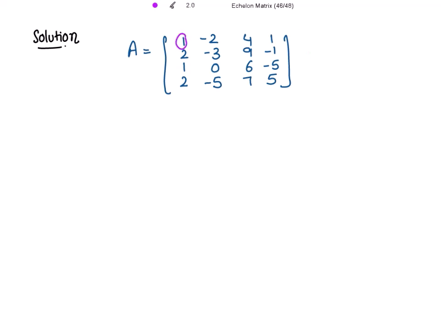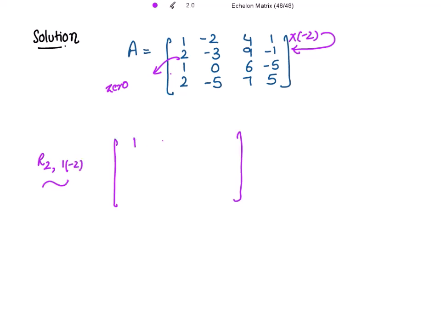I already have 1. We just need to make all these entries 0. First we need to make this 2 a 0. For that, multiply row 1 by negative 2 and add it to row 2, so we change row 2. Writing the first row as it is and applying the operation: 1 multiplied by negative 2 is negative 2, adding this to 2 we get 0.